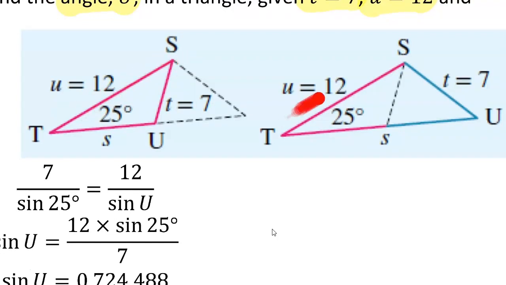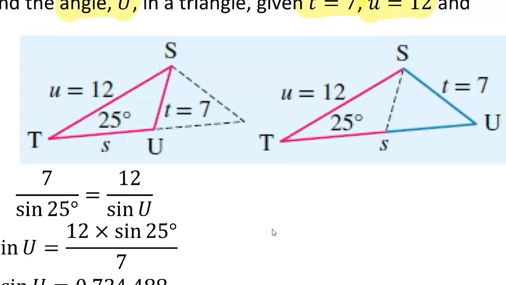We've got 12 there, 12 there, that's still 7, that's 7, that's still 25 degrees, 25 degrees, but we don't know if that line T with the line S forms that type of angle or that type of angle. All right, because we only know its length, we don't know any more information. And as we don't know the length of S, that doesn't help us either.